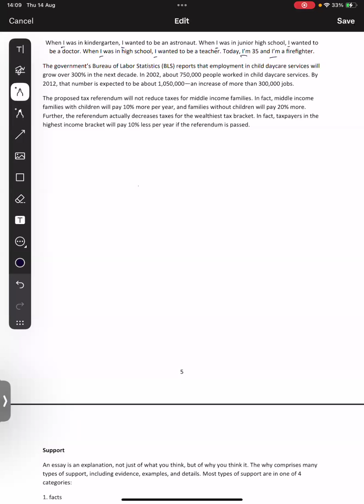The first thing that changes is, obviously, the jobs. It's like a dream job: astronaut, doctor, teacher, and then firefighter. So the dream jobs keep changing.